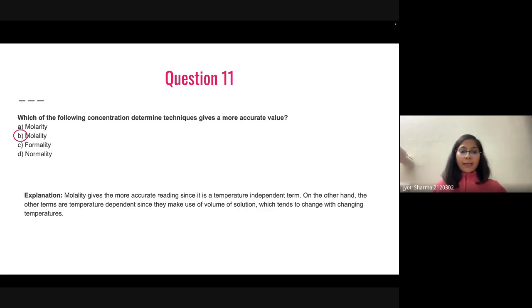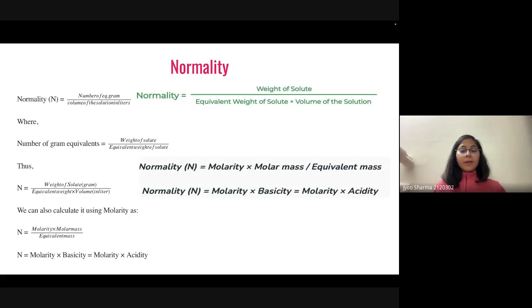On the other hand, all the other terms are temperature dependent, right? Okay, let's come to normality. I have just one question on normality and then we will go to pH. You know that normality is the number of gram equivalents per volume of the solution in liters. You can also say it is the weight of the solute upon the equivalent weight of the solute multiplied by the volume of the solution.